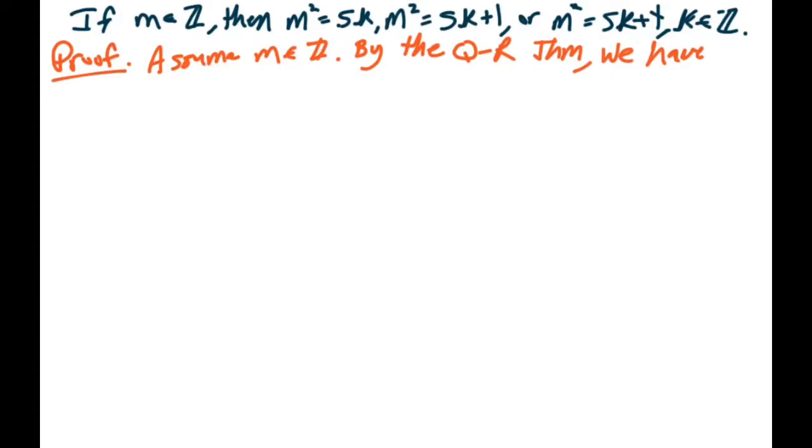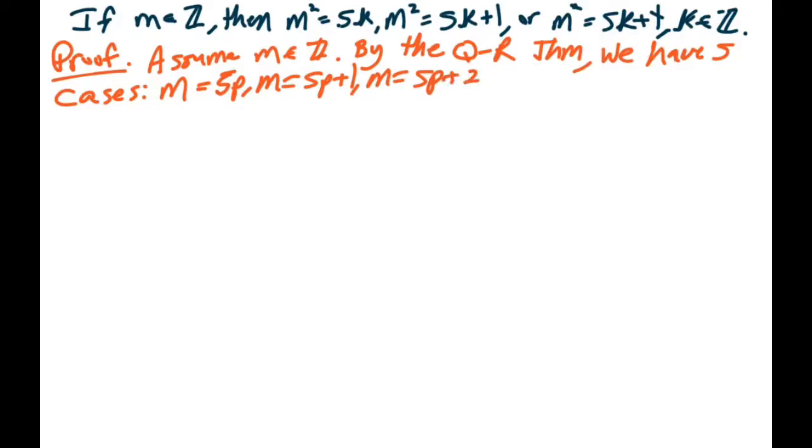I'm going to say that we have 5 cases. Either m is 5p, m equals 5p plus 1, m equals 5p plus 2, m equals 5p plus 3, or m equals 5p plus 4. And of course, in each case, our p is an integer.